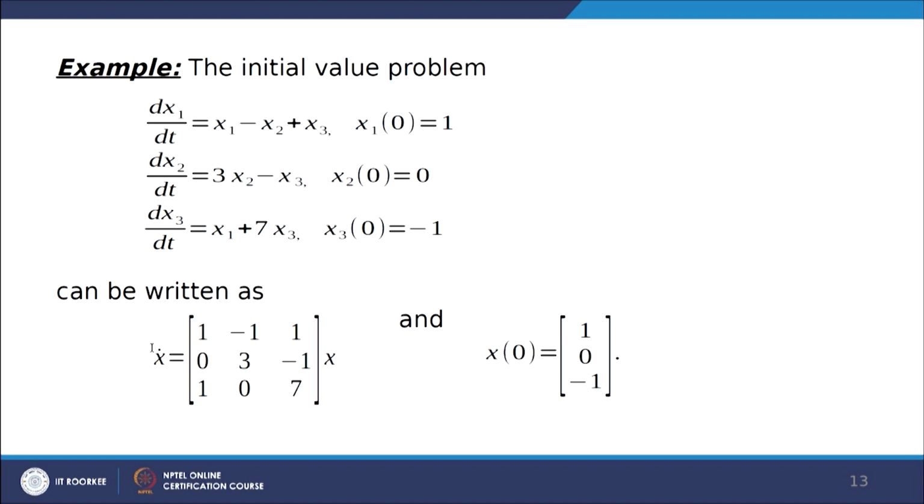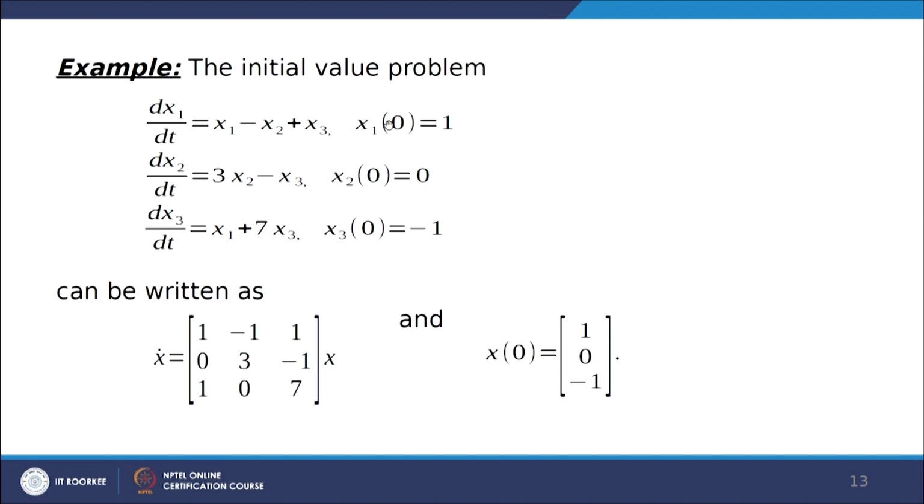The coefficient matrix of the unknown functions x1, x2, x3 is: 1, minus 1, 1; then 0, 3, minus 1, because the coefficient of x1 is 0; and then 1, 0, 7, because the coefficient of x2 is 0 here. And then the vector x, which has components x1, x2, x3.